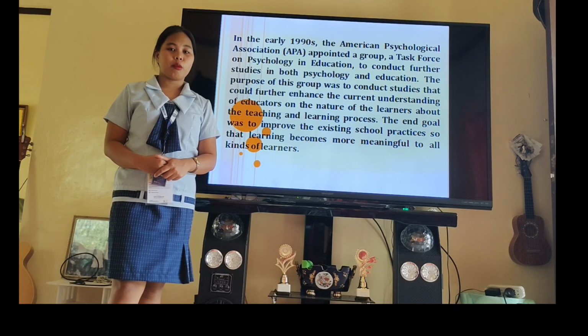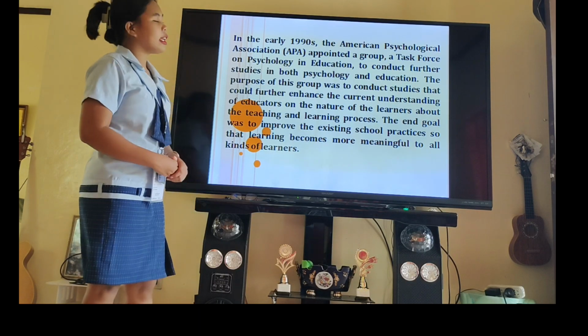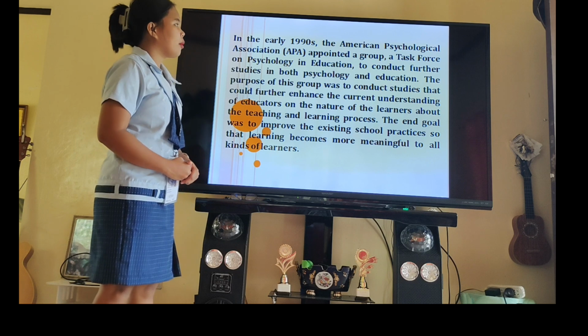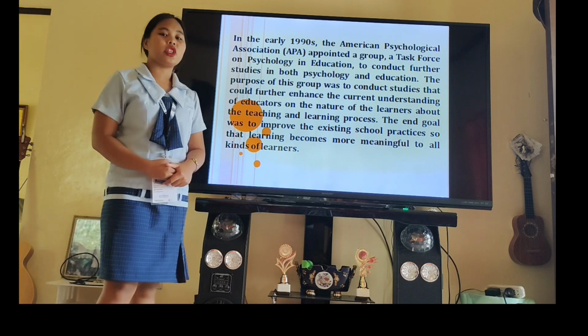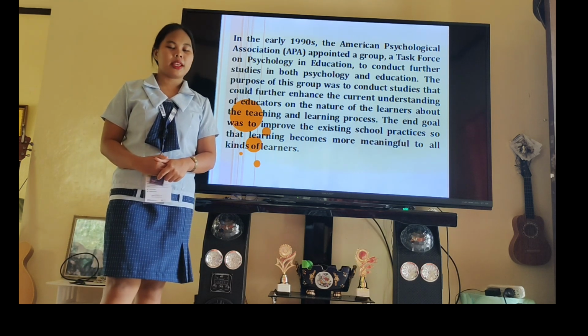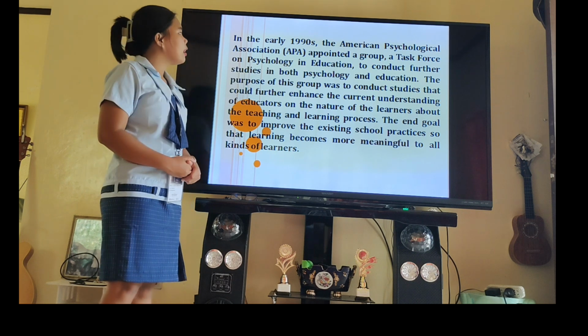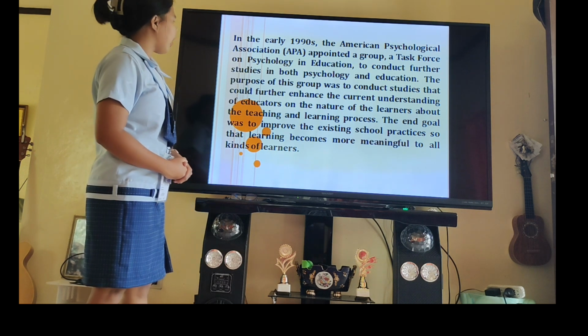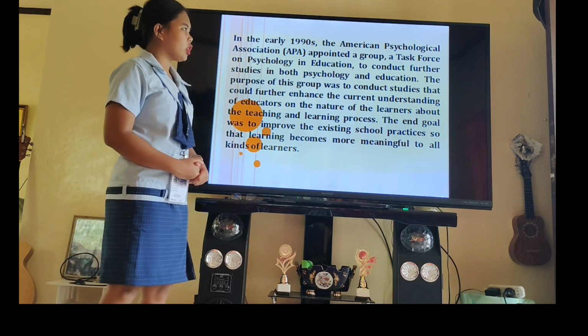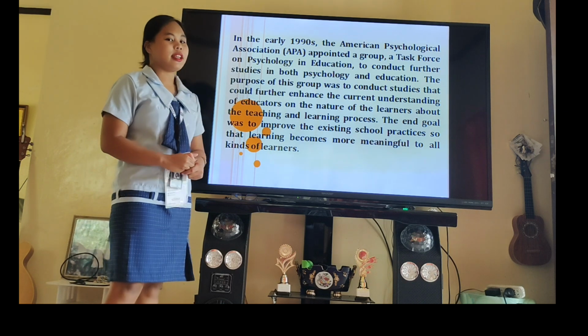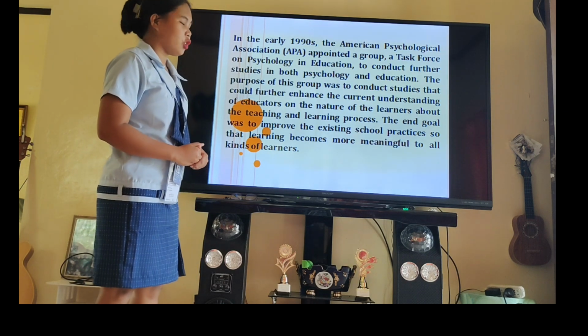A brief information: in the early 1990s, the American Psychological Association, or APA, appointed a task force on psychology in education to conduct further studies in both psychology and education.